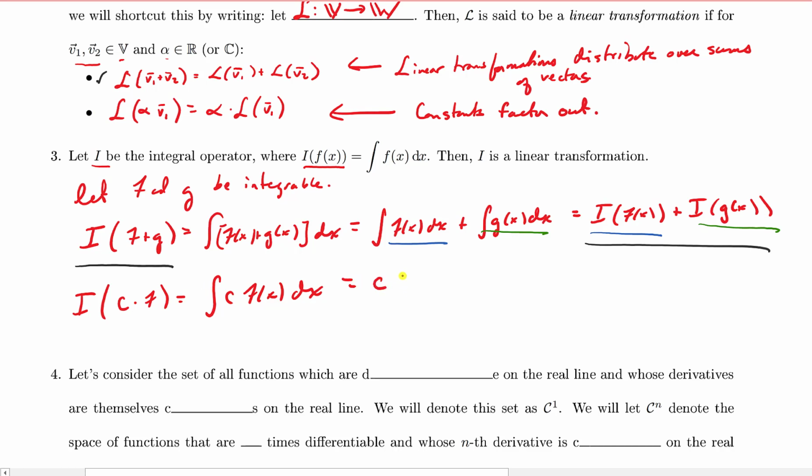So I could rewrite this as c times the integral of f of x dx. Well, that's just c, and then here we have the integral of f of x dx. What can I replace that with? I can replace that with the integral operator applied to f of x. So if you're just looking at the first and the last step, you can see that we've met this definition of what it means to be a linear transformation.